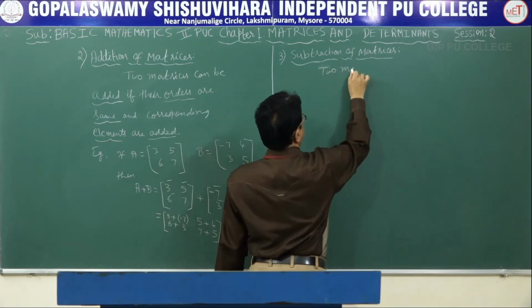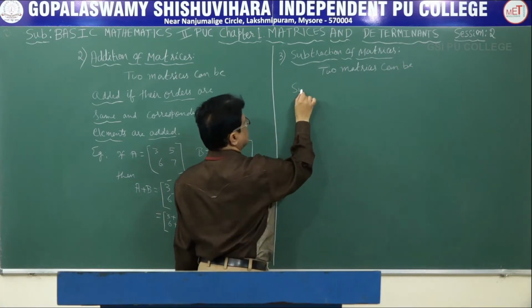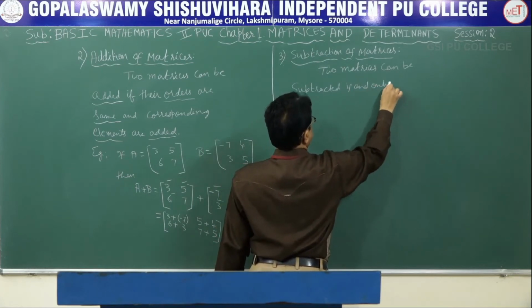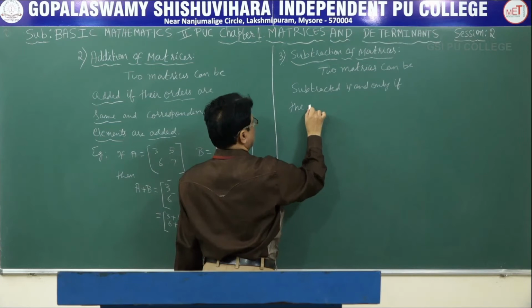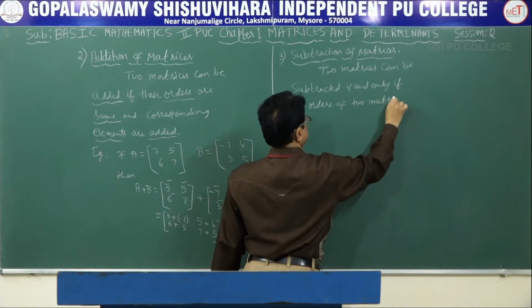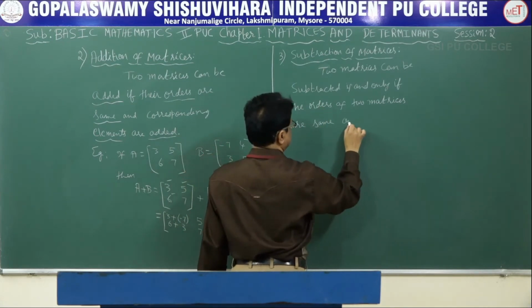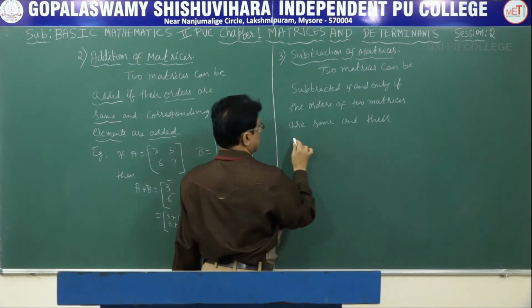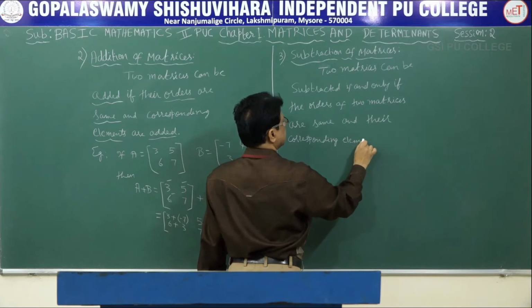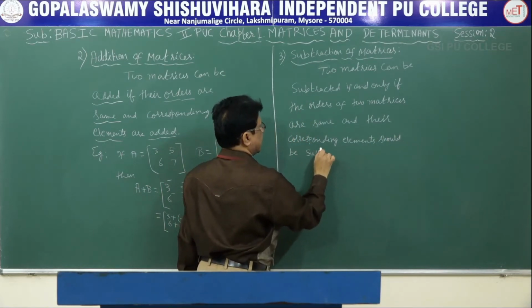Two matrices can be subtracted if and only if the orders of two matrices are same and their corresponding elements should be subtracted.